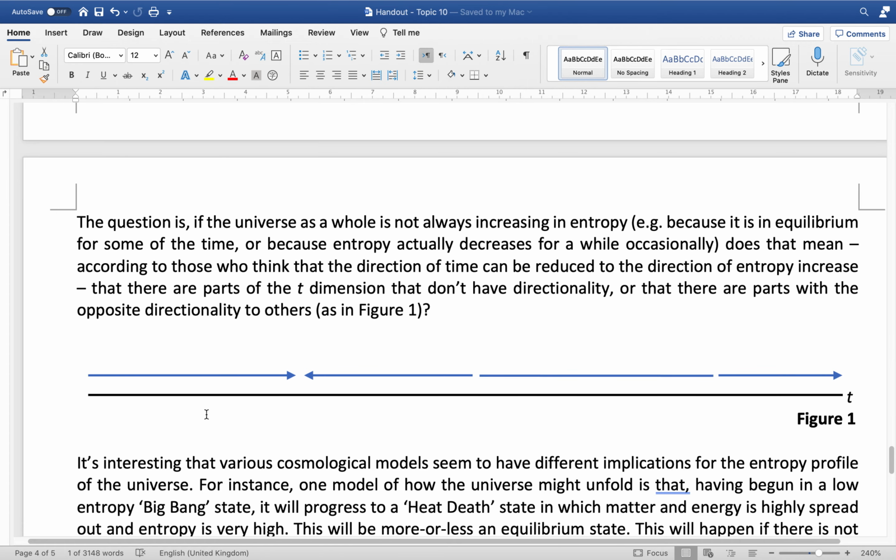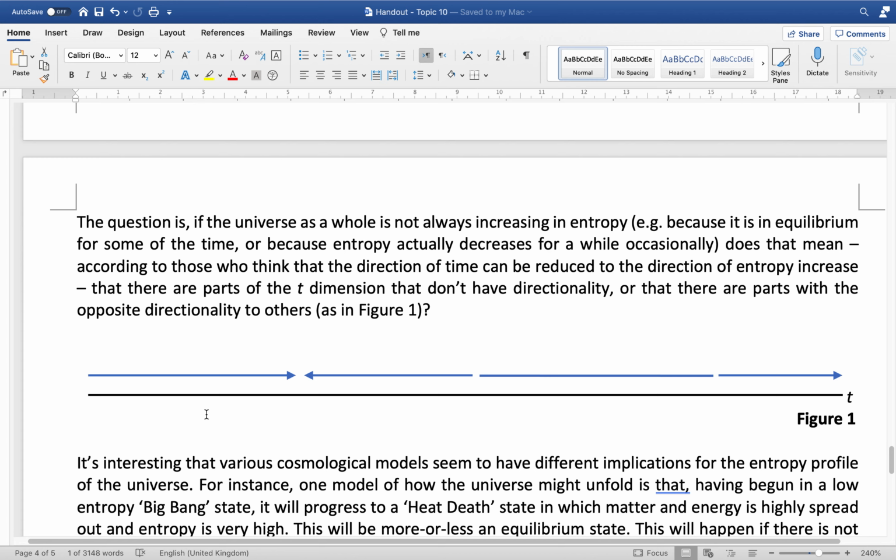So an interesting question is, if the universe as a whole wasn't always increasing in entropy, either because it's in equilibrium, the heat death sort of state, or because entropy actually decreases occasionally for a while, just because there's a small probability of decrease at any given time. And so if the universe goes on long enough, then the probability that entropy decreases at some time or other becomes a lot higher.